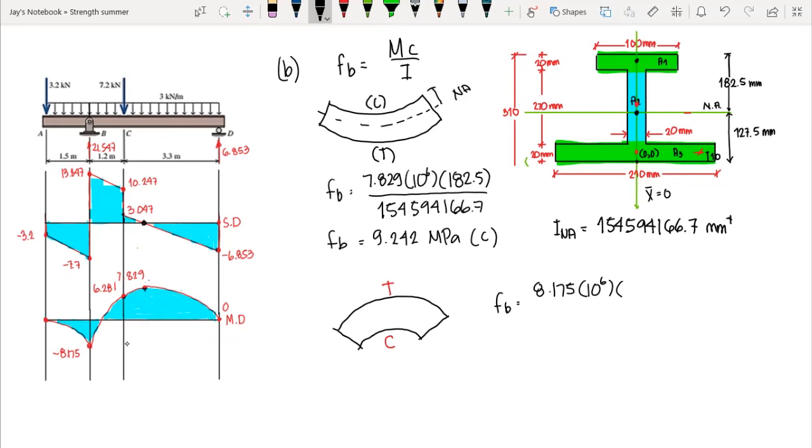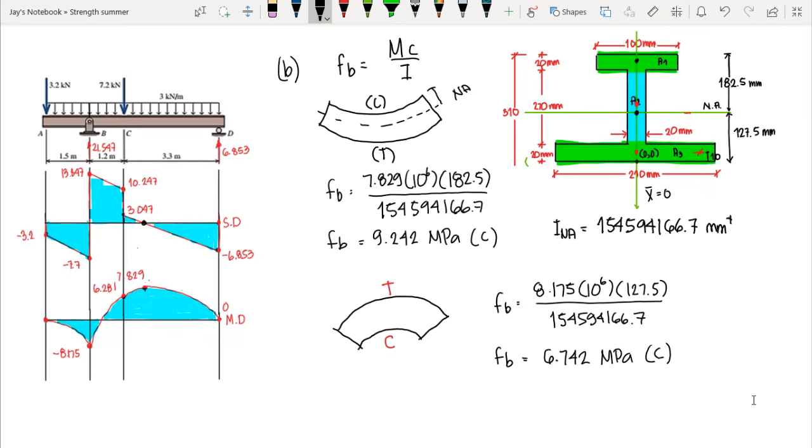Since we have our compressive bending stress on the bottom, we have to use 127.5 millimeter, that is the distance from the neutral axis, over the moment of inertia. And we have our bending stress 6.742 megapascal, and again this is a compressive bending stress.